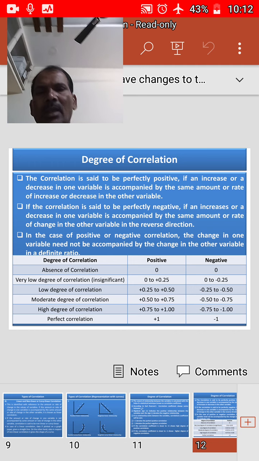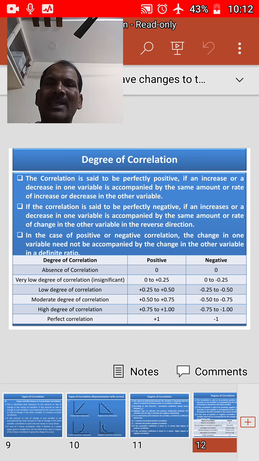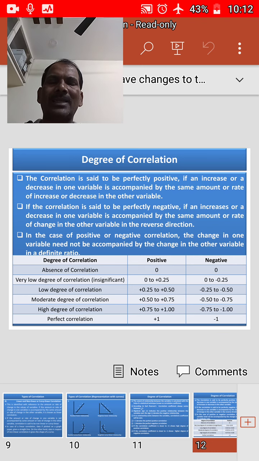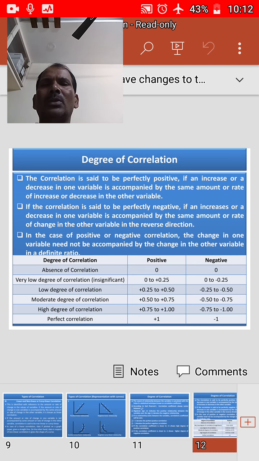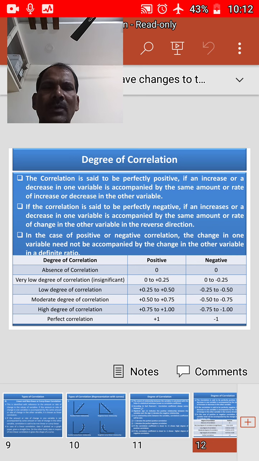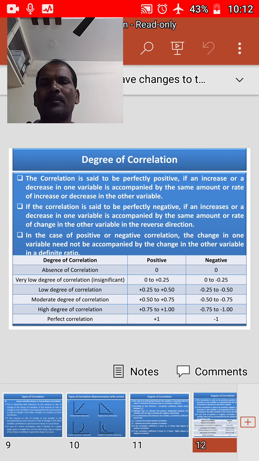A very low degree of correlation, which we call insignificant, is 0 to plus 0.25 in the case of positive correlation, and 0 to minus 0.25 in the case of negative correlation. This is a minute, very low degree of correlation, and it can be said to be insignificant, right?